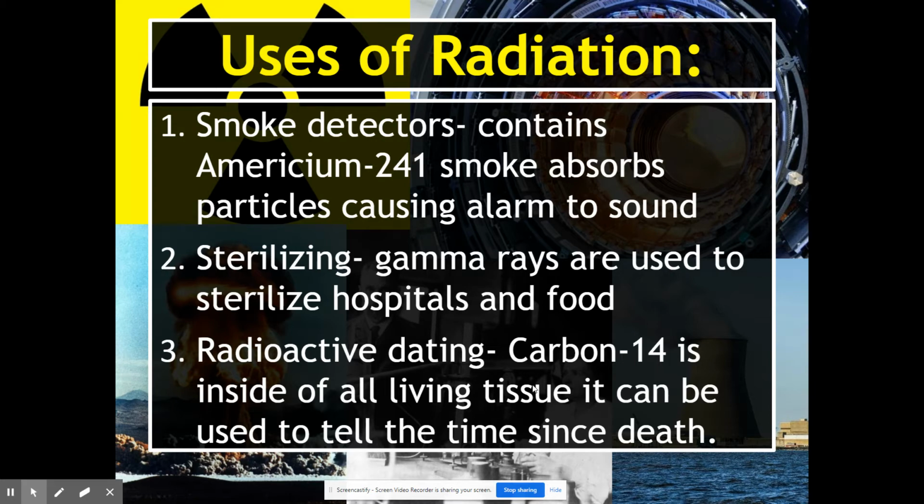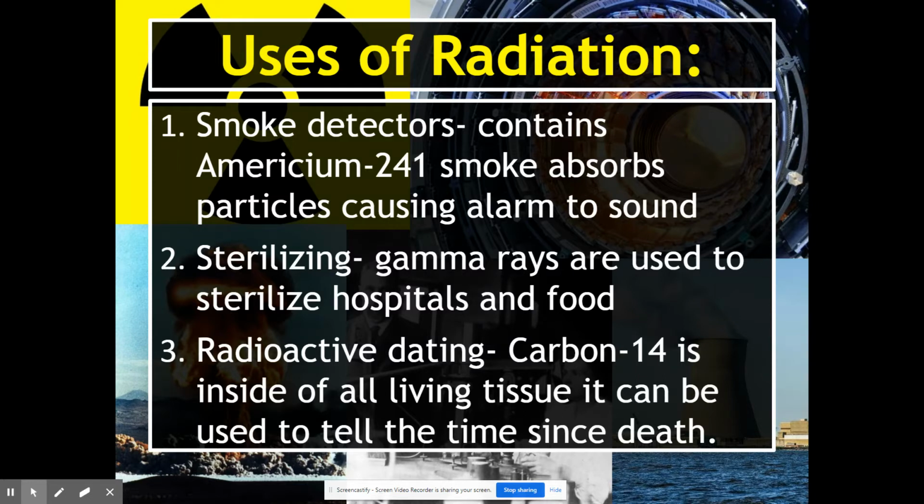Here are some uses of radiation. We have smoke detectors. They can contain americium-241, and the smoke would absorb the particles of the americium, causing the alarm to sound. It's a faster way for smoke detectors to work. Sterilizing. Gamma rays are used to sterilize hospitals and food.